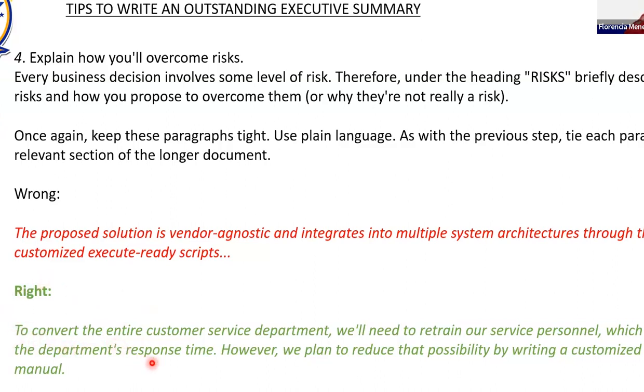And here this connector, however, de todos modos, and what are we going to plan? What is going to be our plan? In this case, reduce that possibility and you give actions. You will write a manual, for example. If there is any risk, you are going to explain how to solve or how to minimize that risk.